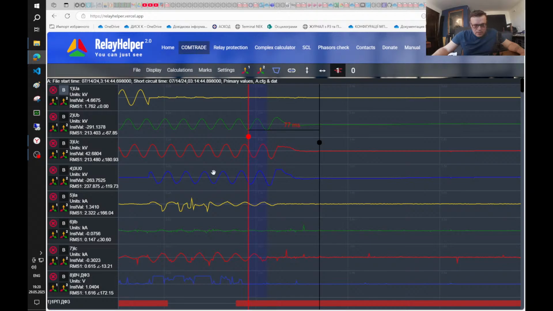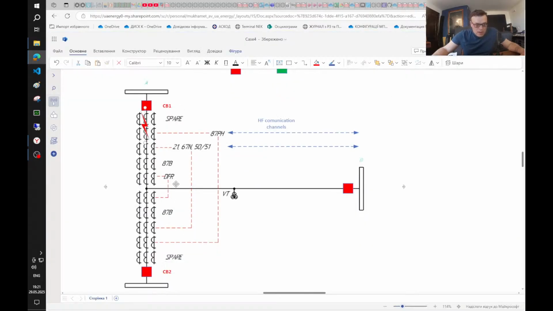Also there is zero sequence voltage, and we can calculate zero sequence current. At this point the value of phase A current is around 2.7 kiloamperes, but let's return here.